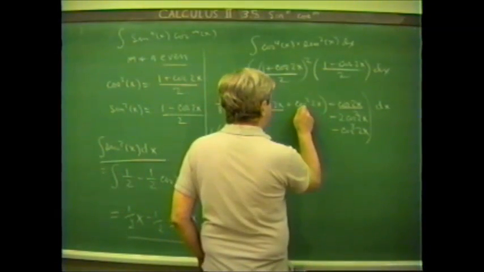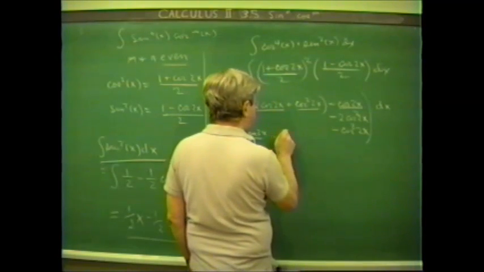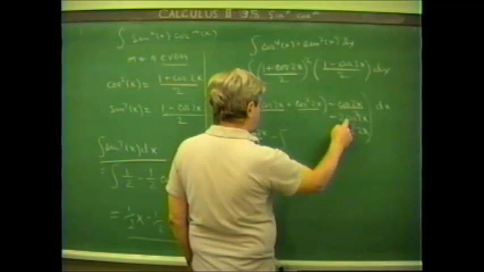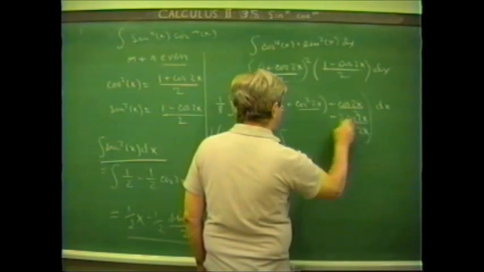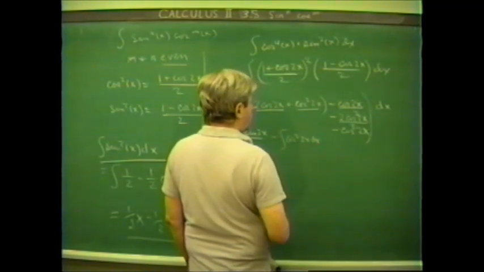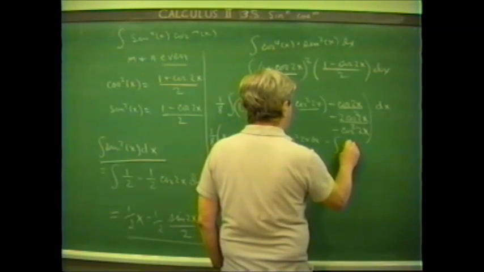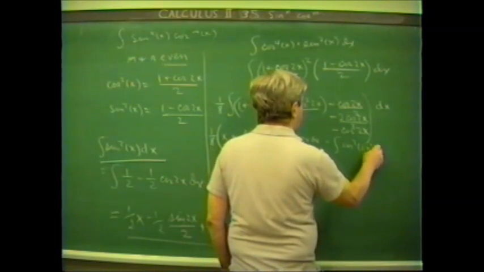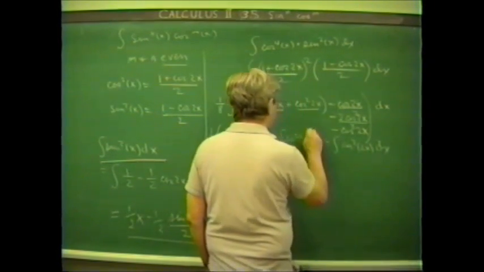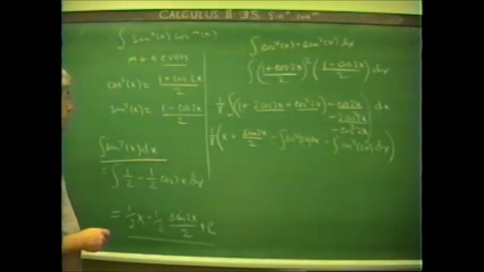Now we've got minus the antiderivative of cosine squared, and minus the antiderivative of cosine cubed, both of 2x dx. That's all multiplied by an eighth.